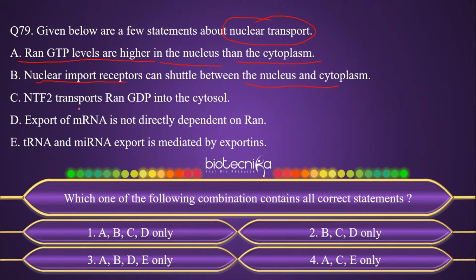NTF2 will transport RAN GDP into the cytosol. Export of mRNA is not directly dependent on RAN. tRNA and microRNA export is mediated by exportins. Now, can you find out the correct combination of statements from here?